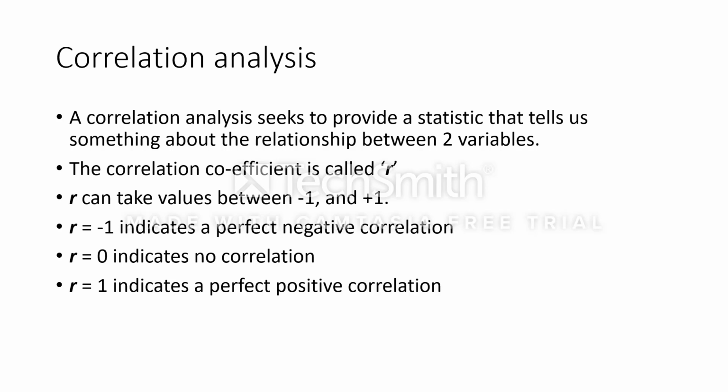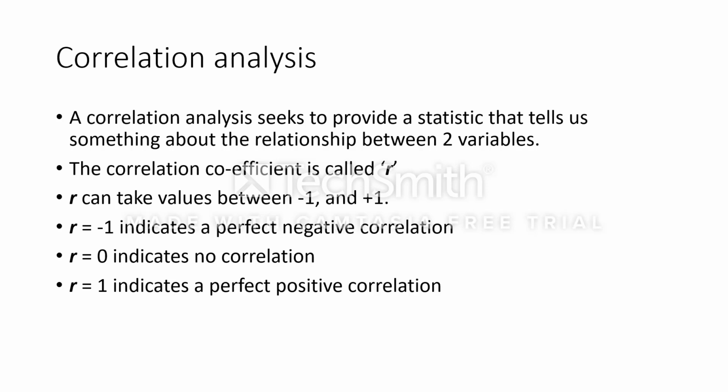With correlation coefficients, there's a couple of important points to remember. The correlation coefficient seeks to provide us with a statistic that tells us something about the relationship between two variables. And this correlation coefficient is always referred to as R. And it can take on values between -1 and +1.